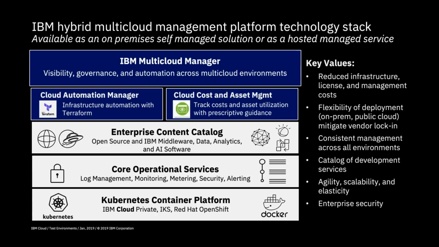Also with a dashboard that will give you some prescriptive guidance to either optimize cost or optimize utilization. We have a rich enterprise content catalog with both container-based and Terraform-based assets with IBM middleware, open source middleware, third-party middleware, all sitting on top of a consistent set of core operational services.